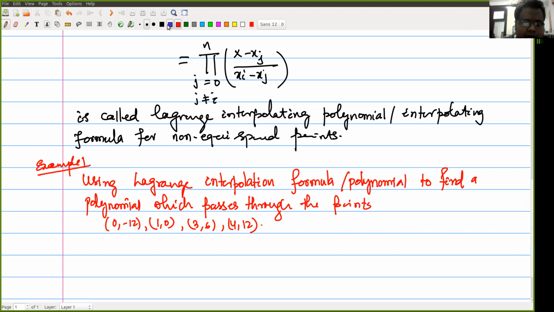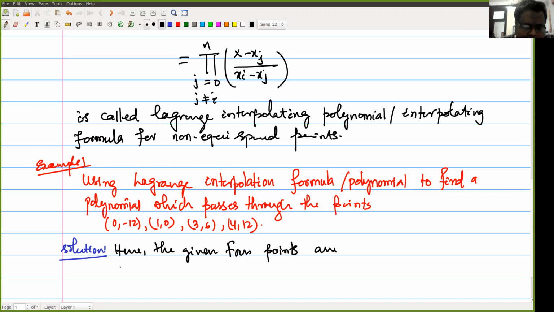Let us solve it. Solution: here the given 4 points are, first point P0, which is 0, minus 12. So x0 is equal to 0 and f of x0 is equal to minus 12.